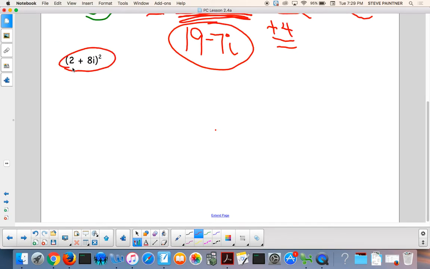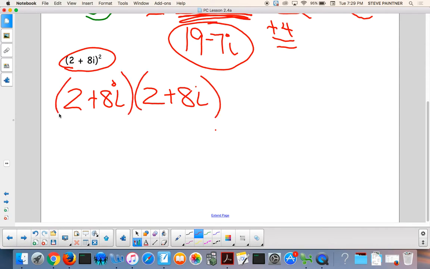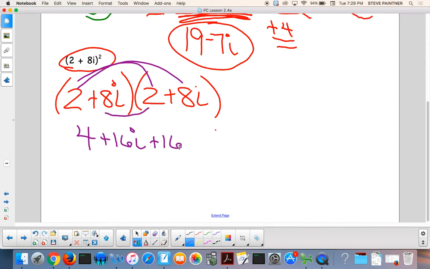It's 2 plus 8i squared, so it's going to be 2 plus 8i times 2 plus 8i. Okay, and you're going to FOIL it out. If you're FOILing, it's 2 times 2. 2 times 8i, 16i. Inside is 16i. Last times last is 64 i times i, i squared.